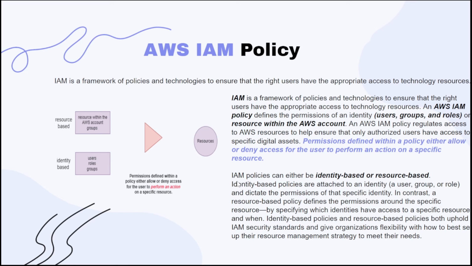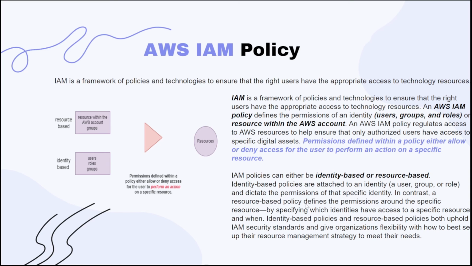So the IAM policies can be either identity based, like this, or resource based, like this. Identity based policies are attached to an identity, a user, group, or role, and dictate the permissions of that specific identity.